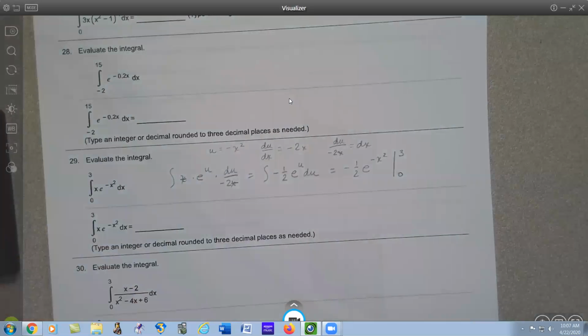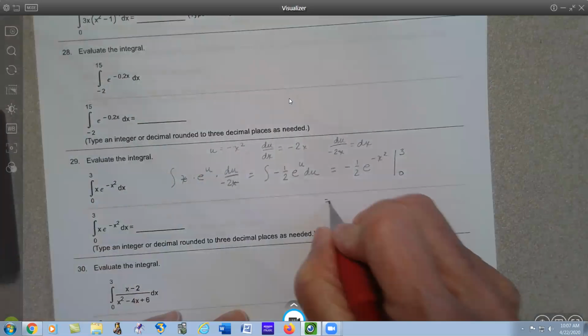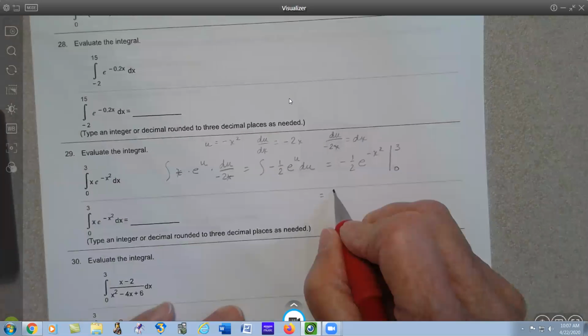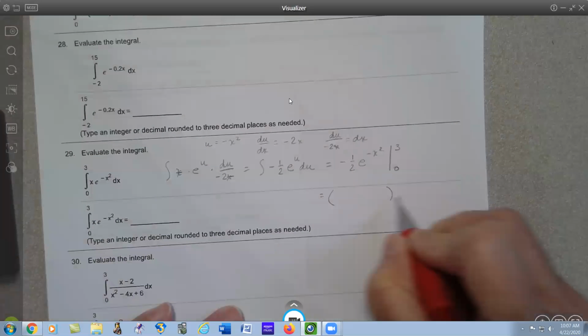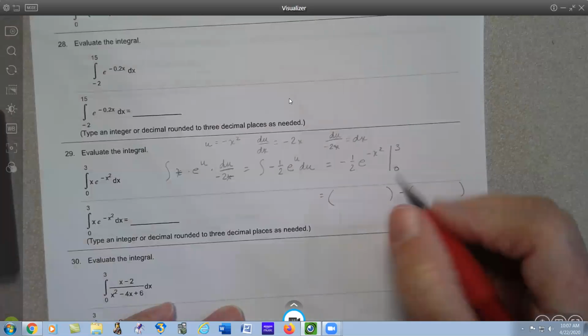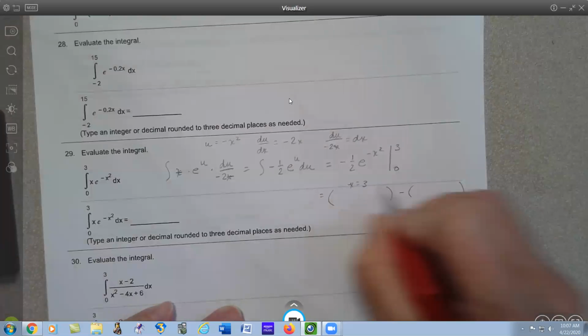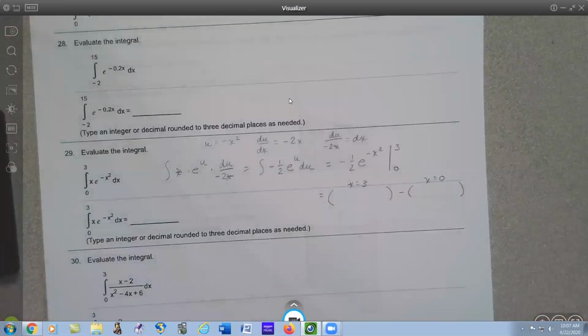So from here, I'm going to do my 2 parentheses, because I'm going to let x equal 3 here and x equal 0 there. Get my calculator, which is plugged up.